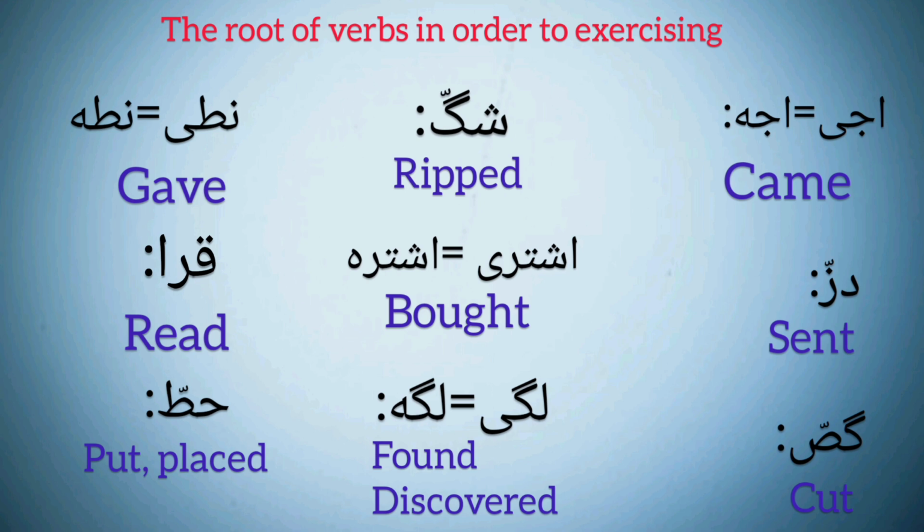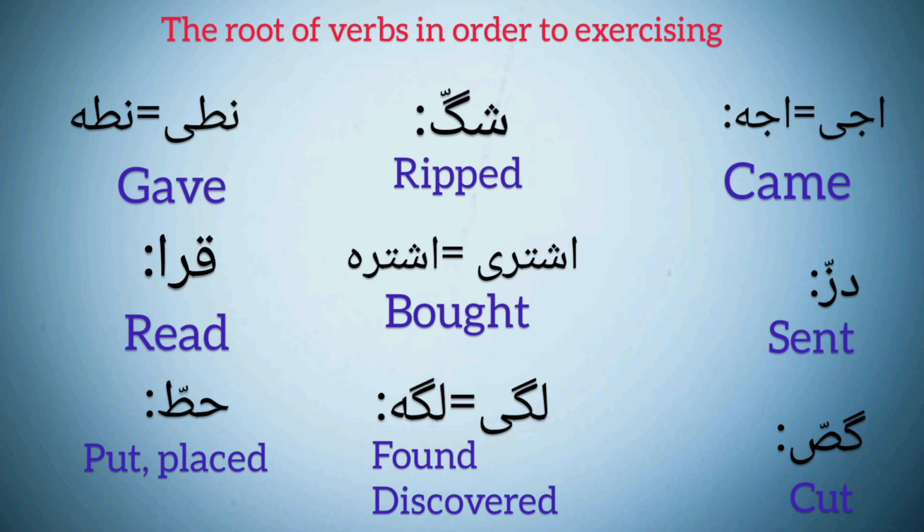And lige basically means found or discovered. The last letter of lige is alif. It's written ligi, but we have to read it lige. In order to conjugate this root, as I said, we have to delete the alif at the end of the root.